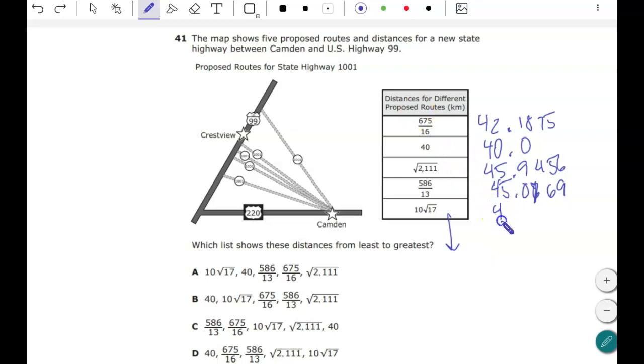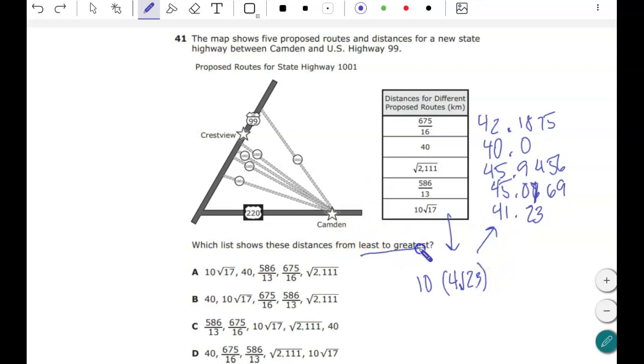The other way you could do that is to find the square root of 17 first. So second x squared, 17 is 4.123. So then you multiply that times that 10, and you get this answer.